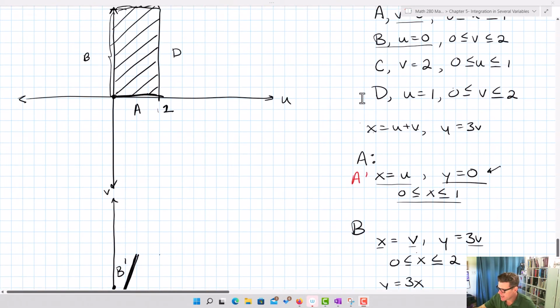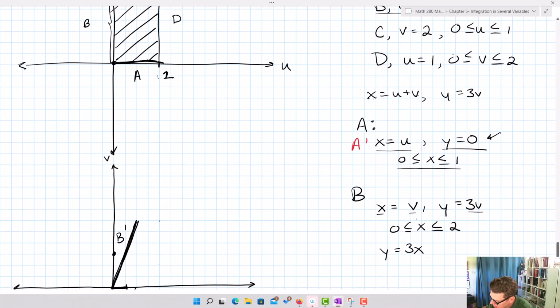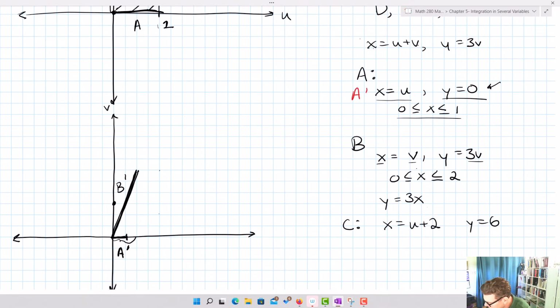So we're going to take C, and with C, we've got V equals 2. So that means that X is going to equal U plus 2, and Y is going to equal 6. So here's the deal, right? If Y equals 6, we have a constant function again. We're going to have this line right here, Y equals 6, okay?